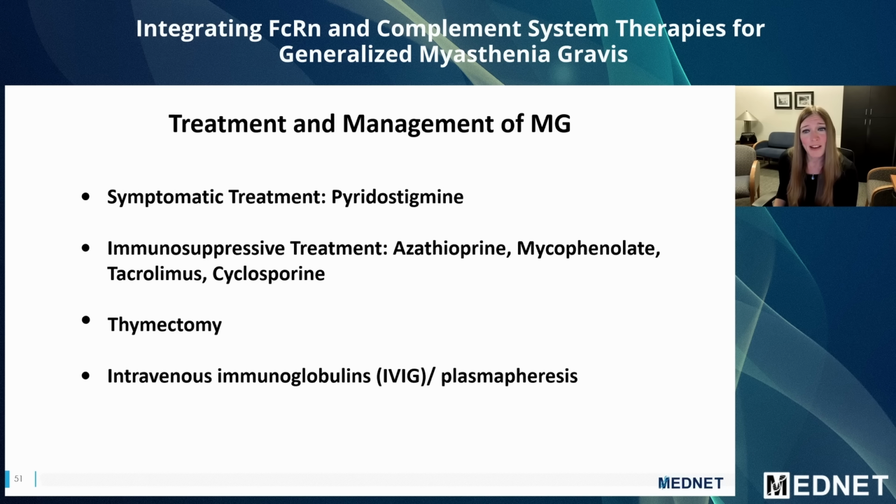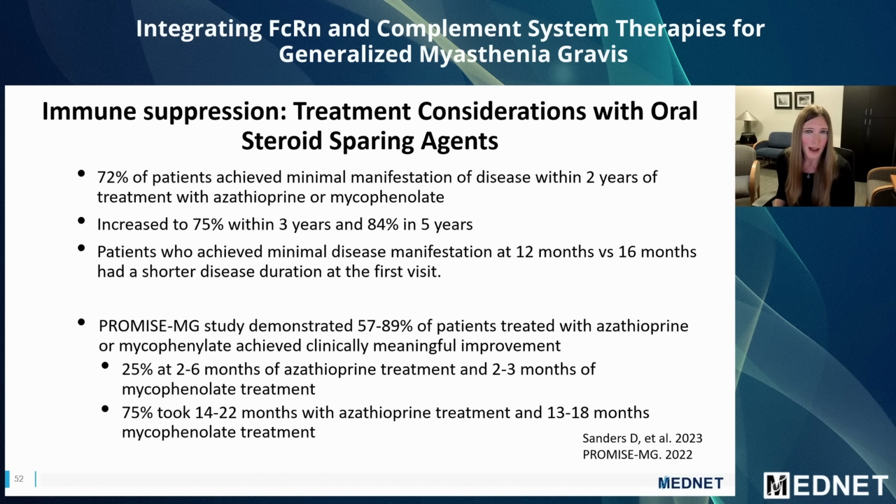And then IVIG and plasma exchange are really more for crisis. So I just want to highlight that there are 2 studies looking at the steroid-sparing drugs azathioprine and mycophenolate: the Duke Registry study, which looked back over a couple of years of patients and found that within 2 years, and even more within 5 years, there was minimal manifestation of disease in 75 to 84% of patients.